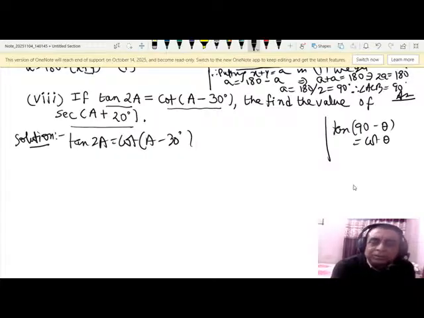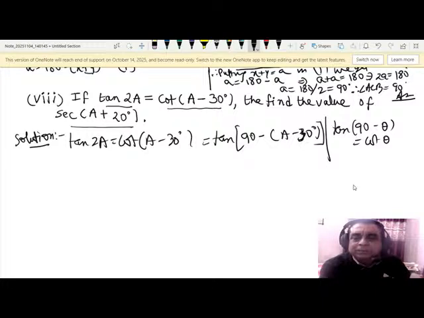So this cot I am changing to tan. So that will be tan (90 minus (A minus 30 degree)). So 90 minus (A minus 30) will become cot (A minus 30).